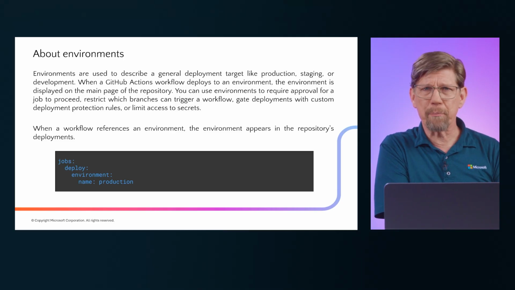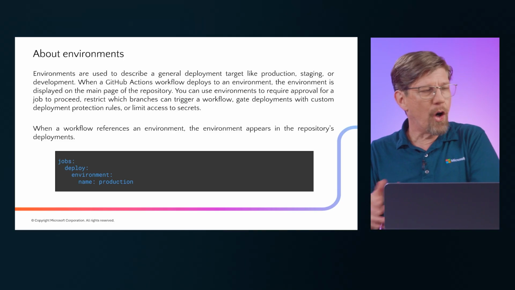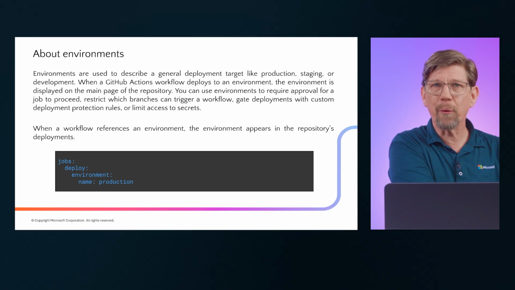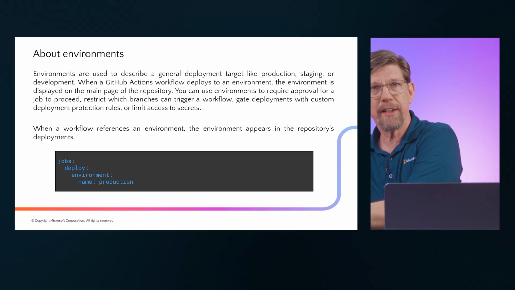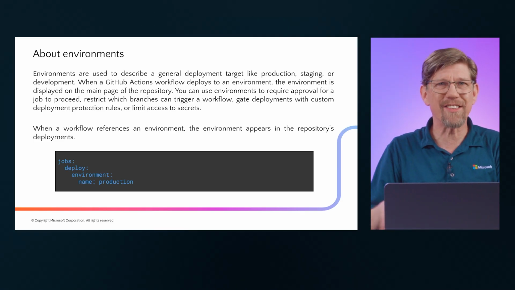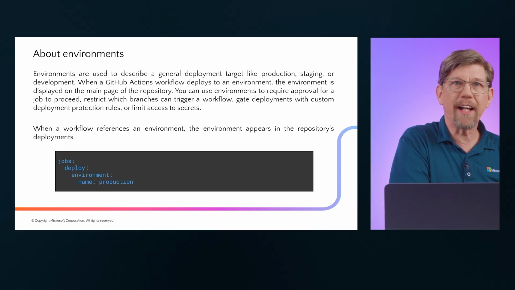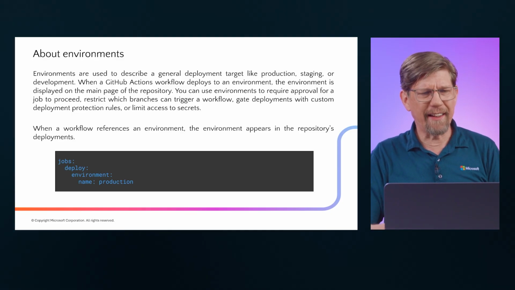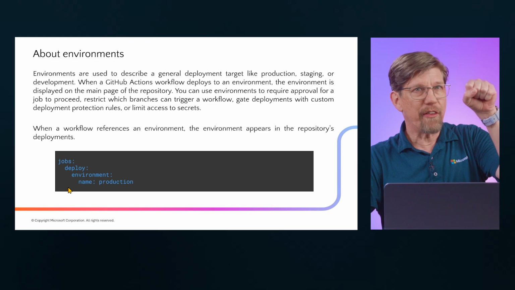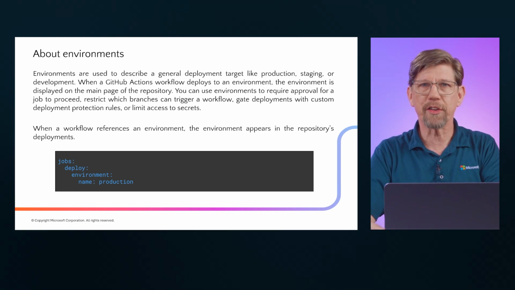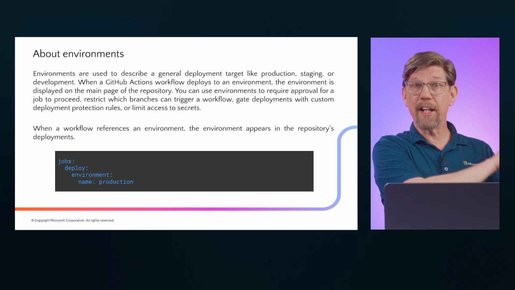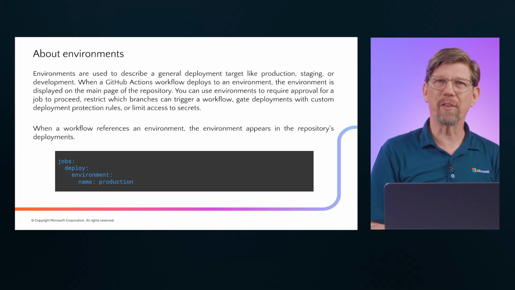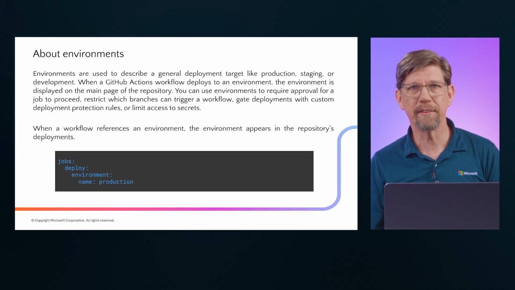For example, we may say in production, only the code in the main branch is allowed to be deployed into production, where that requirement doesn't make any sense at all if we are looking at our earlier testing environments. So in our pipeline, we designate this is a segment that we will call the production environment, and then back in GitHub, we will lay down what those definitions of production or test or staging mean.